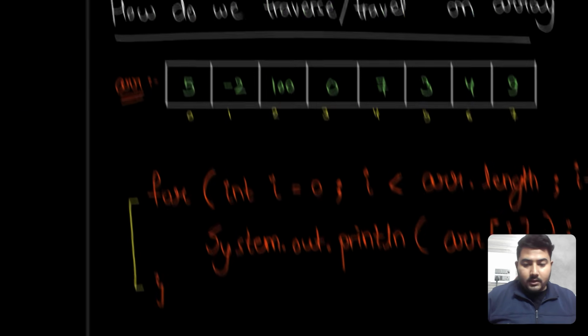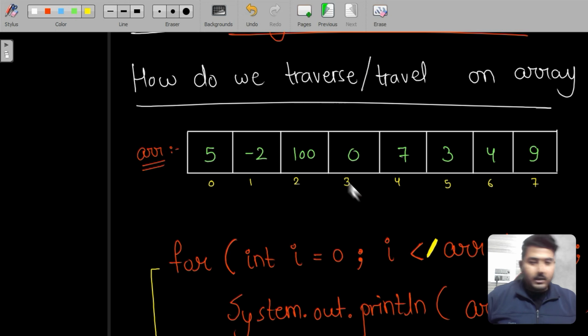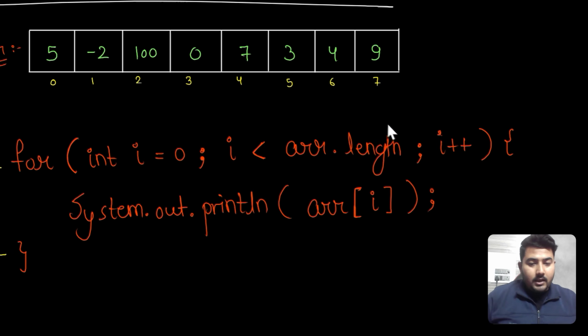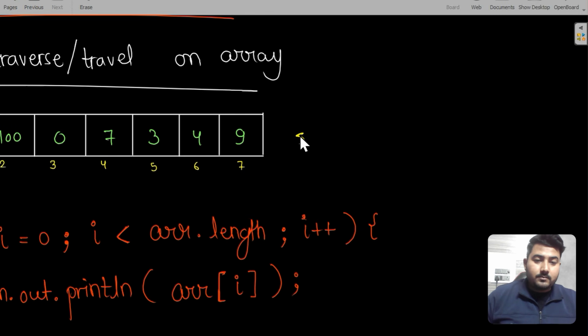And if you can note here, I have removed the equal to from here. Previously the equal to was there, which I have removed. Why is that? Because arr.length will give you the size of the array, which is going to be 8 only.